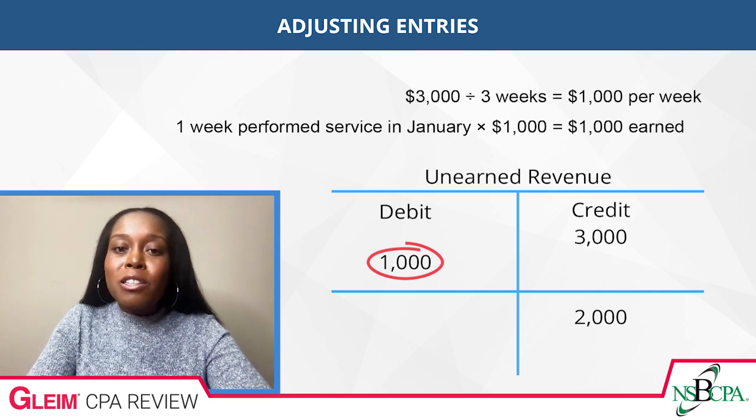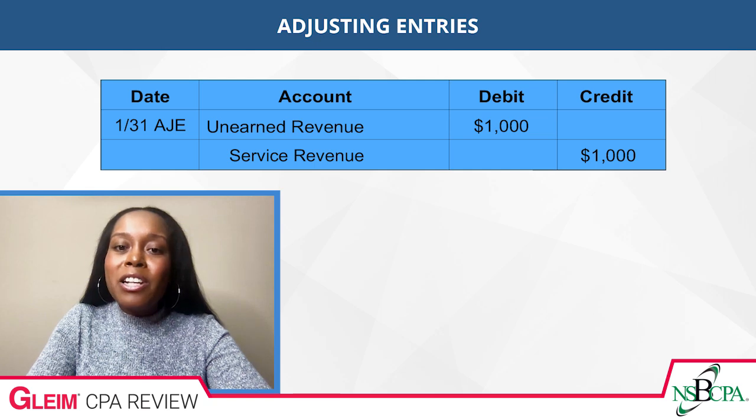This $1,000 will decrease the liability unearned revenue. Another way to look at this T account is to say, at the end of January, we still owe the customer 2 weeks of service. That is the remaining balance of unearned revenue, $2,000. Here's the presentation of the adjusting journal entry.